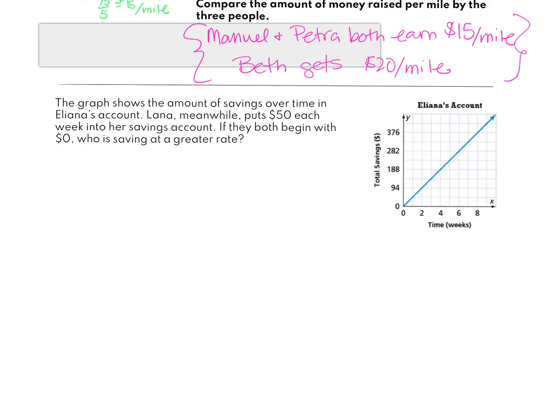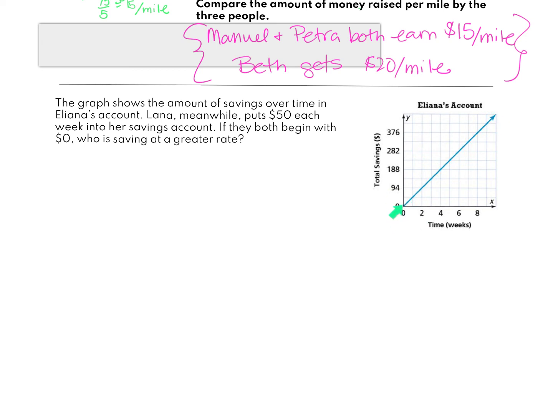The last example that we have: the graph shows the amount of savings over time in Eliana's account. Lena, meanwhile, puts $50 a week into her savings account. If they both begin with 0, who is saving at a greater rate? We are going to look at this graph and figure out what the slope is, or what the rate of change, the unit rate is.